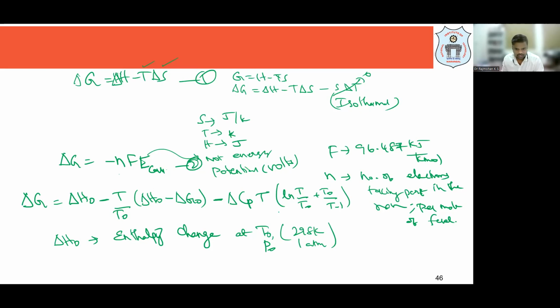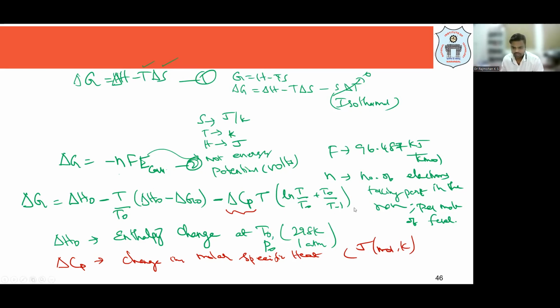And what is delta Cp here? This delta Cp is the change in molar specific heat in joules per mole Kelvin in the reaction that is taking place. So change in molar specific heat is given by delta Cp equal to Cp of product minus Cp of reactant.